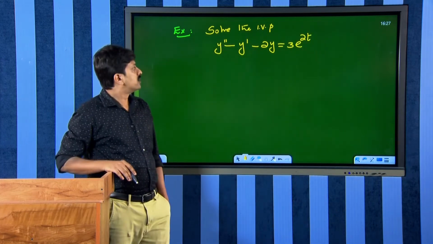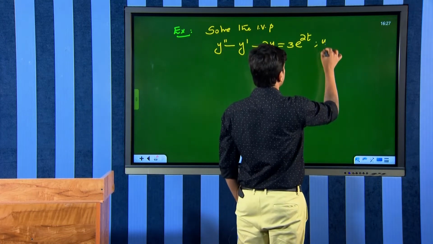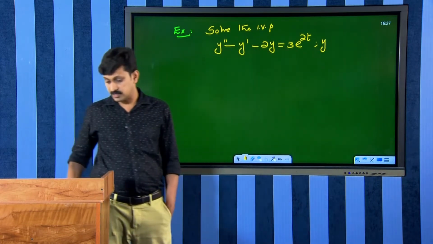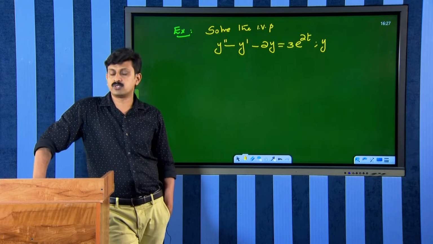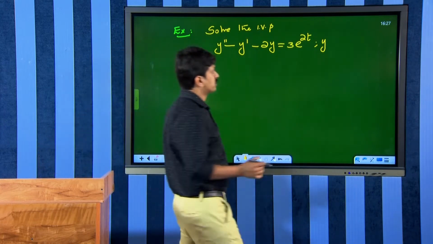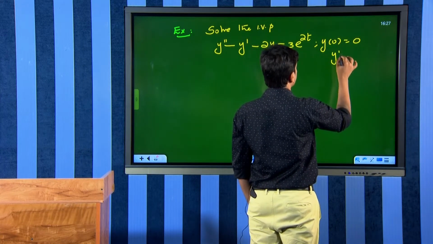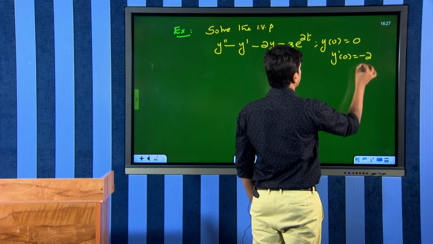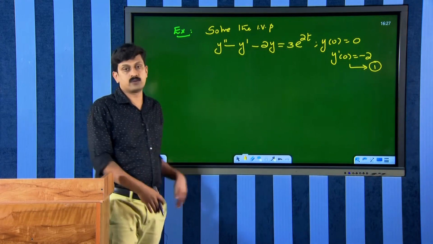This is the first question, and because it is an initial value problem, there will be initial conditions: y of 0 equal to 0 and y dash of 0 equal to minus 2. This is our question that we need to solve.